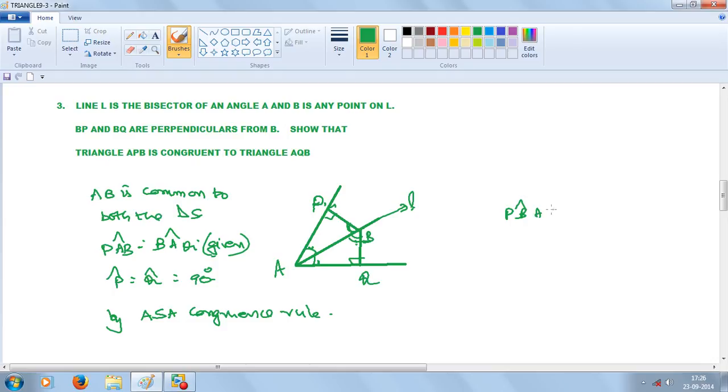Angle PBA is equal to 180 minus angle P minus half of A, so 90 degrees minus half of A. Similarly, angle QBA is equal to 180 minus angle Q minus half of A, also 90 degrees minus half of A, same. So these two angles are equal. So by ASA congruence, these two triangles are congruent. So what else can you observe from this?